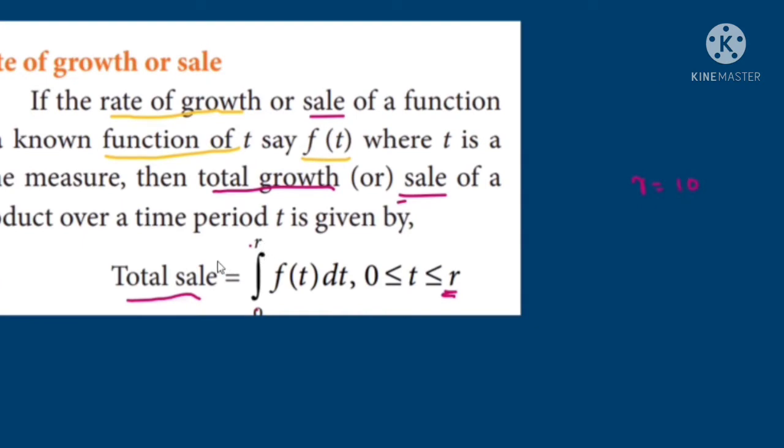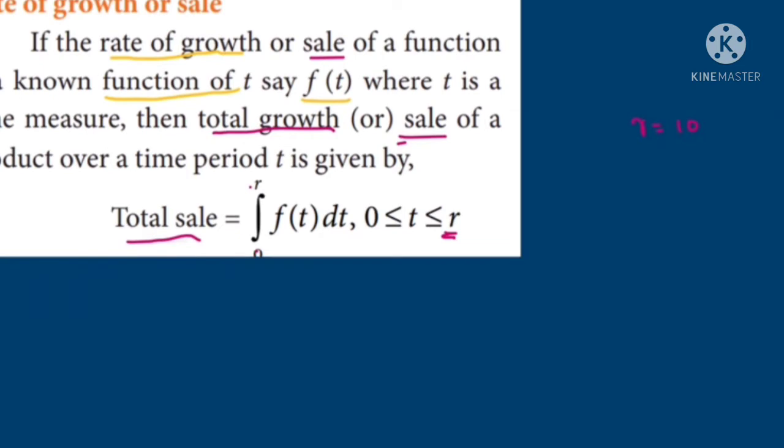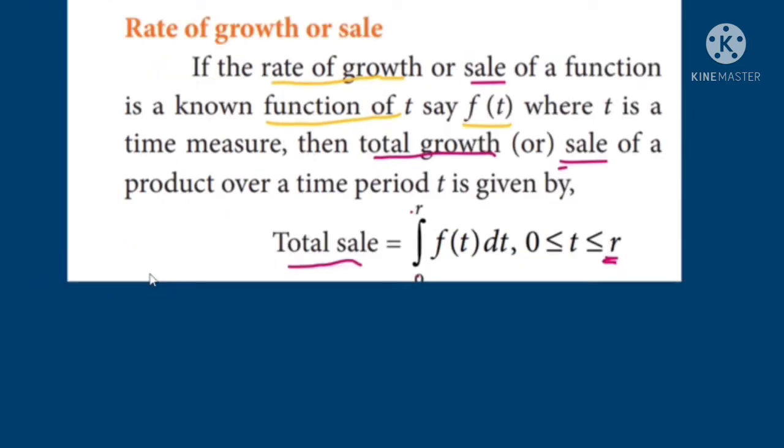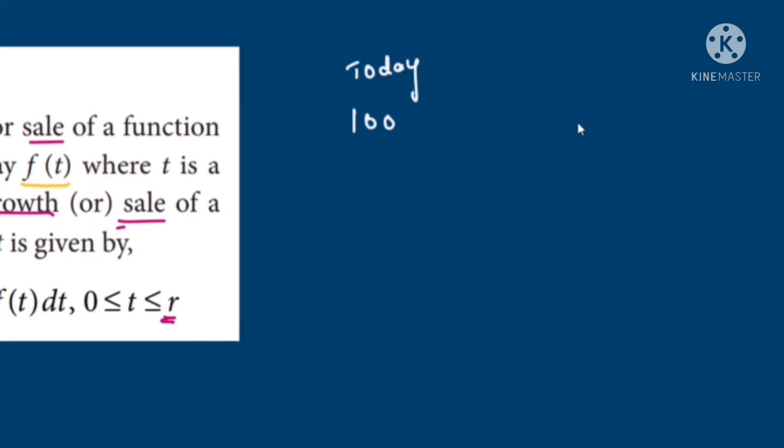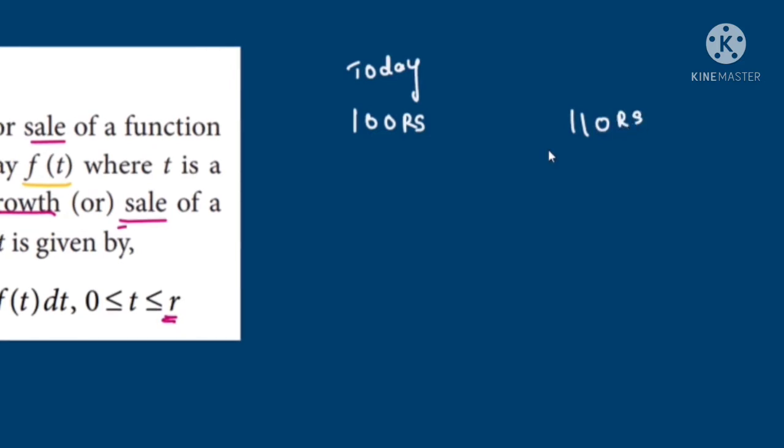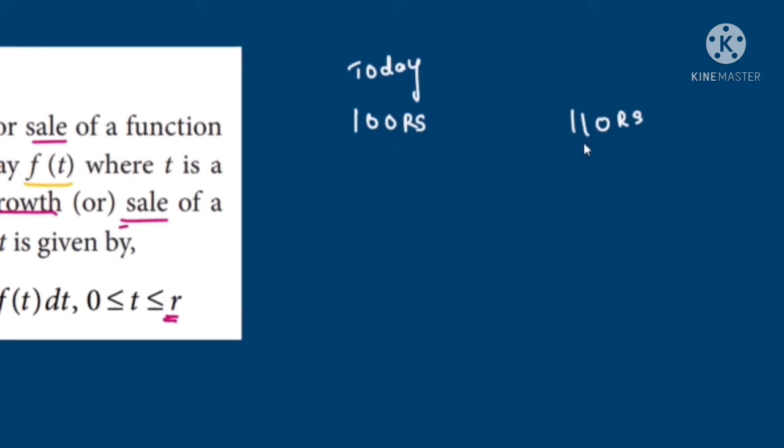The next formula is the present value formula, the future value and the present value. What is present value and future value? Now suppose I give you 100 rupees today and I assure you after 1 year I will give you 110. This is a small example. Which is better? Getting 100 rupees today or getting 110 rupees after a year?